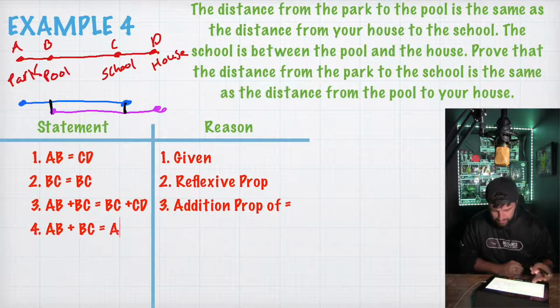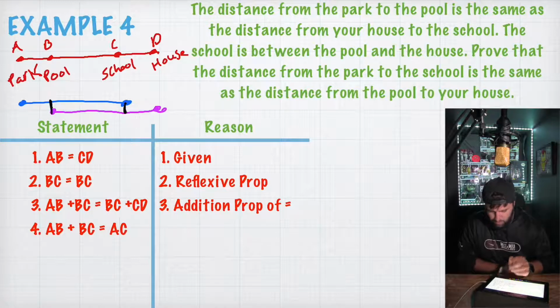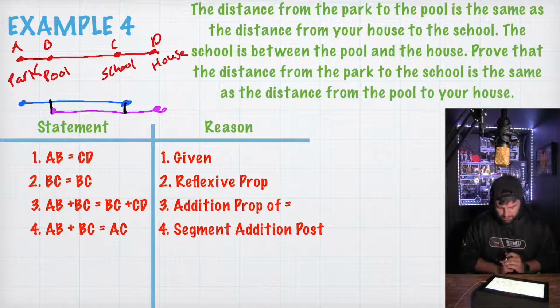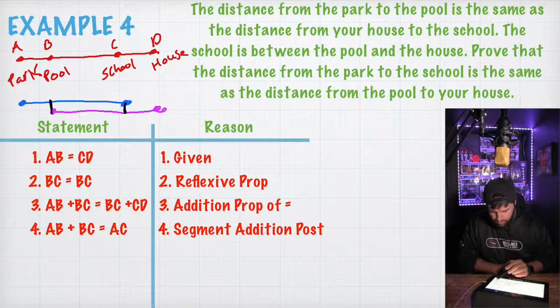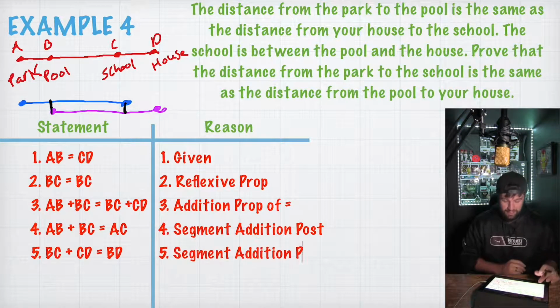So AB plus BC equals AC, park to school, and that would be the segment addition postulate. Now we want to know what BC plus CD equals. BC plus CD equals BD, which is also the segment addition postulate.